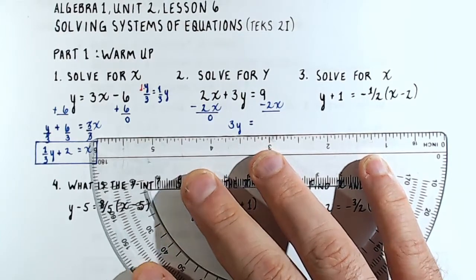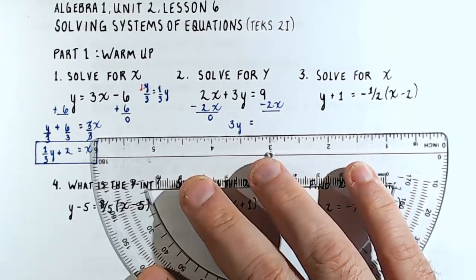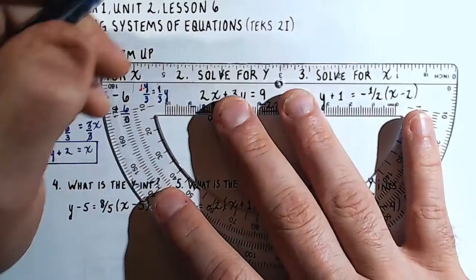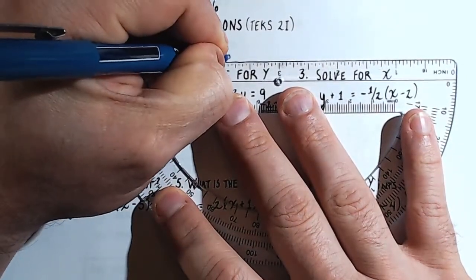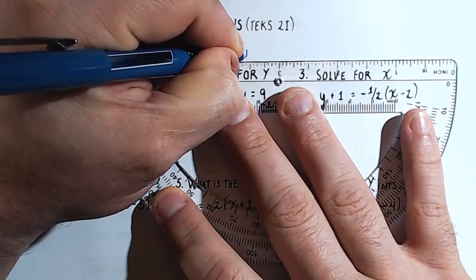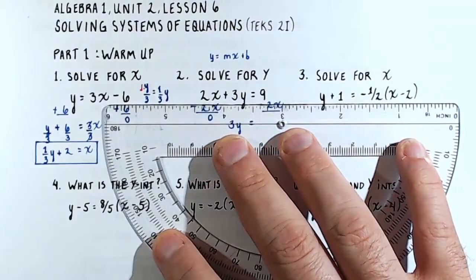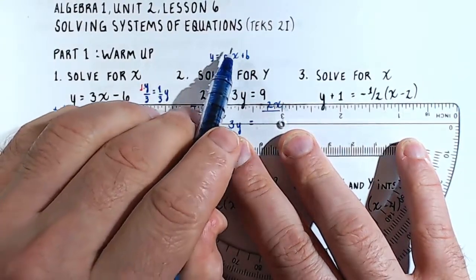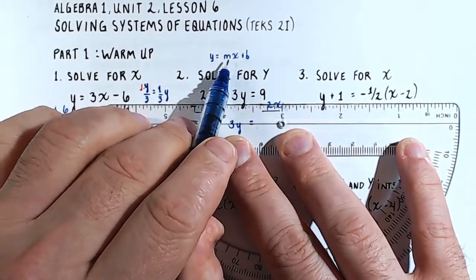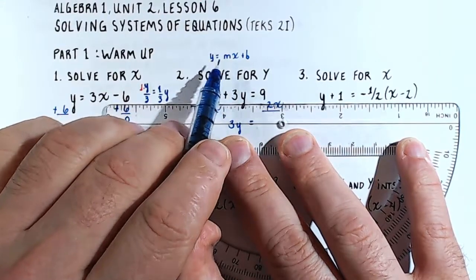Remember, we want to think about y equals mx plus b. This is the slope-intercept equation of a line. I want this term with the x to be up front next to the equal sign.